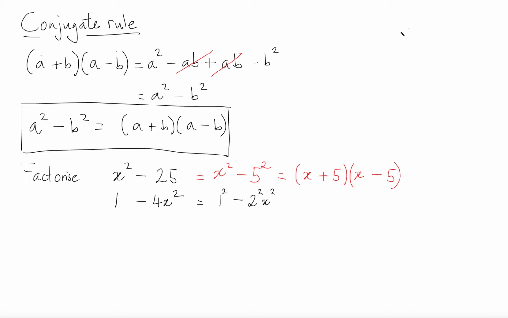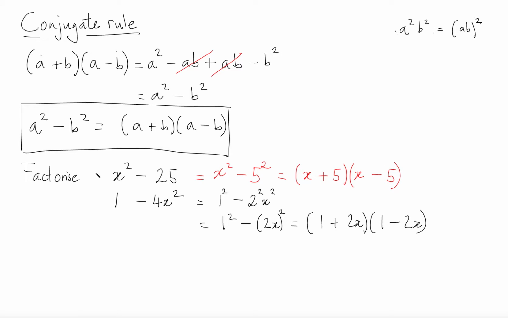And if you remember, a squared b squared is the same as a multiplied by b all squared. So we can rewrite this as 1 squared minus 2x in brackets all squared. And this is the result of the conjugate rule. So this becomes 1 plus 2x, 1 minus 2x. A bit trickier, that one.